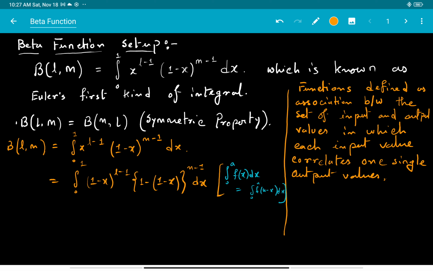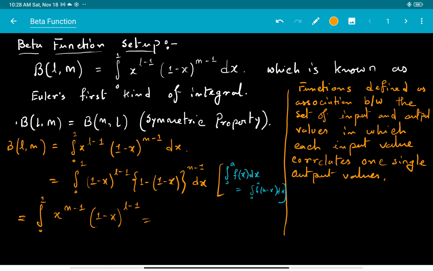This is the justification. Now I will write the integral from 0 to 1 with 1 minus x. If you calculate this part, we are left with x, so this x comes first to the power m minus 1, and 1 minus x to the power L minus 1.